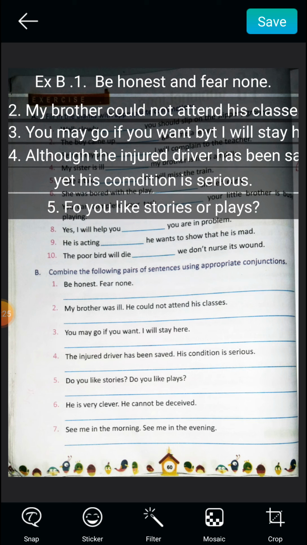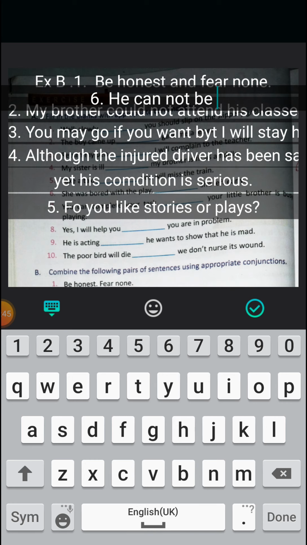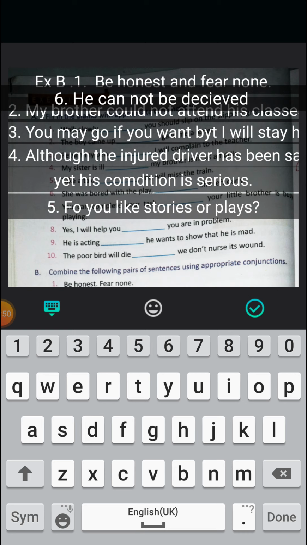Moving on, the sixth sentence is: he is very clever, he cannot be deceived. Sixth one, write like this: he cannot be deceived because he is very clever.